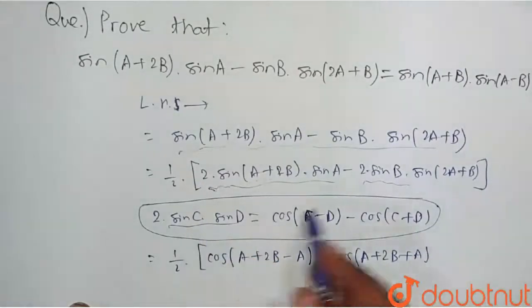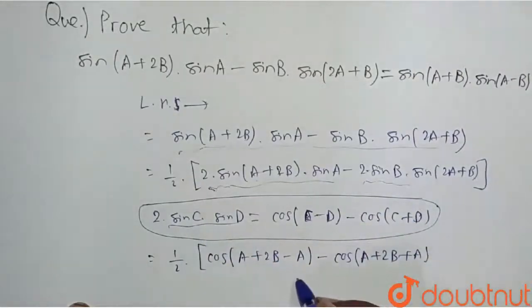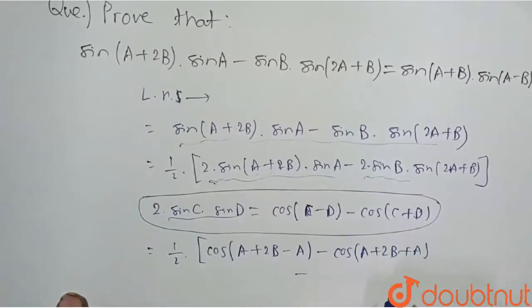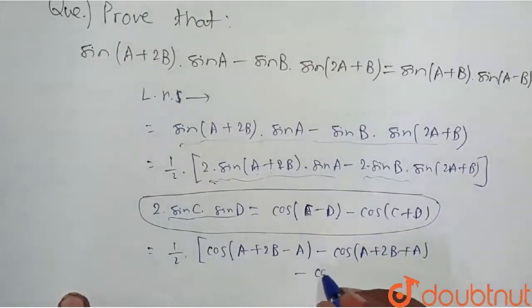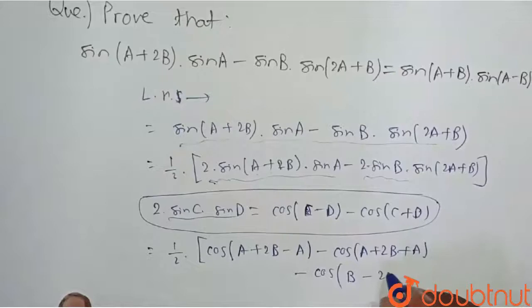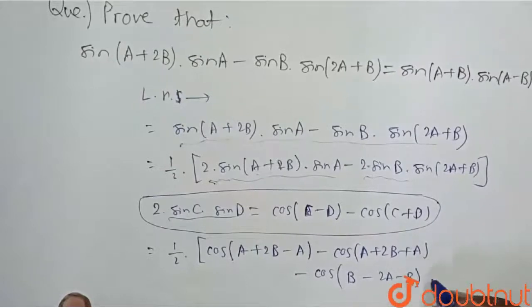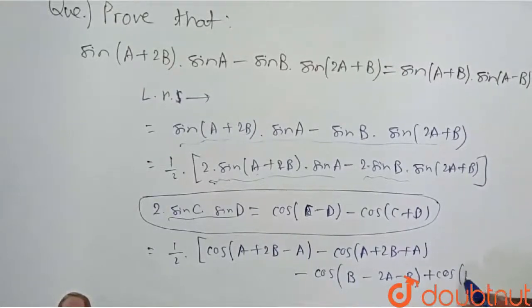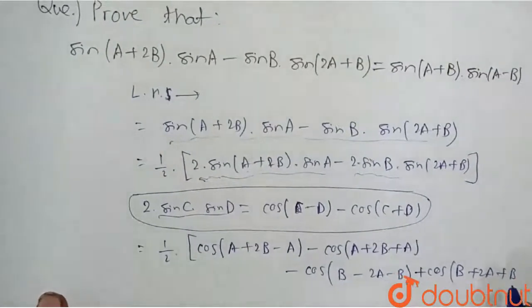And if we apply this formula here, we can also write minus [cos(b - 2a - b) - cos(b + 2a + b)].